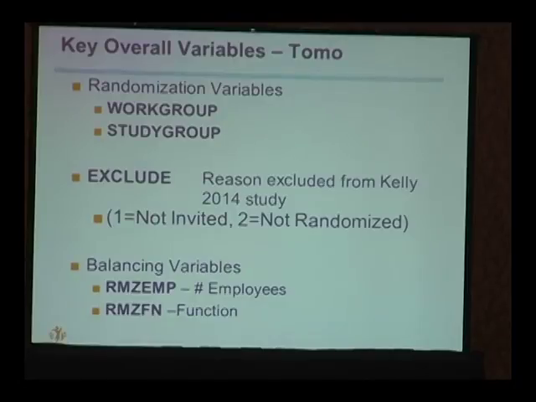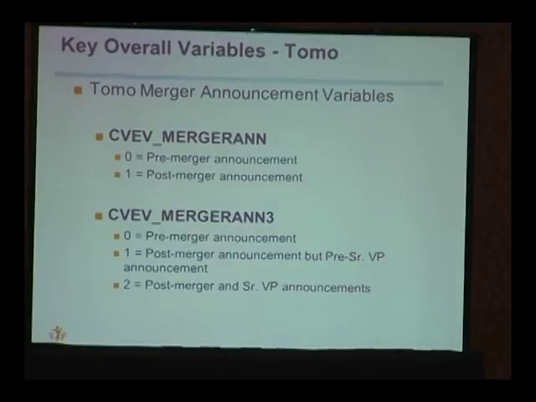Certain groups were not invited or weren't quite randomized as we expected, so we included additional variables in the data set that you would be able to include in your analysis and understand these differences, as well as to replicate recently published data sets from our own network. These are the variables indicating the TOMO merger announcement that Kelly also alluded to for the TOMO cohorts.